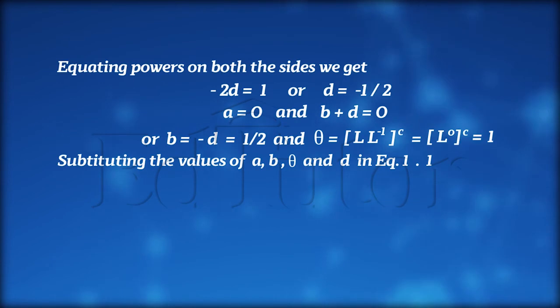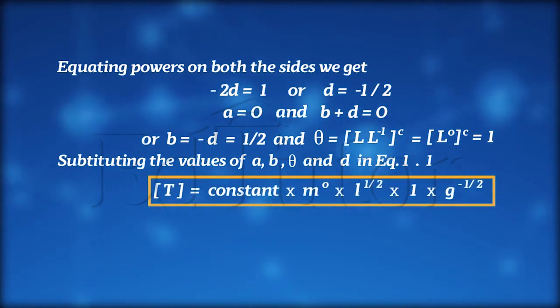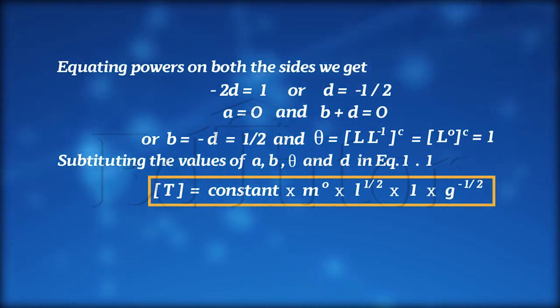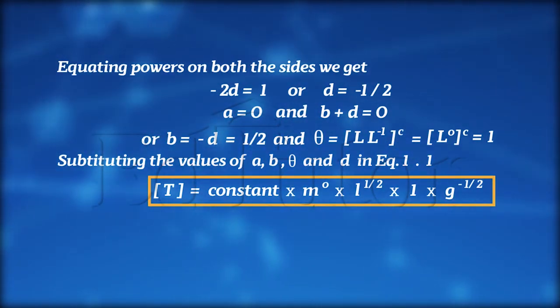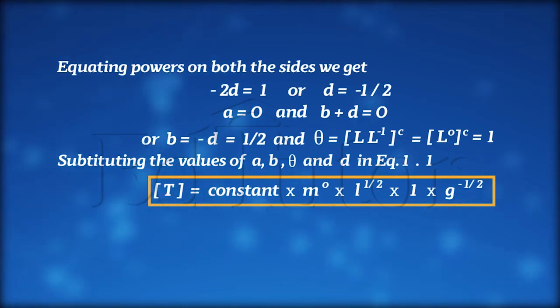Substituting all these values back into the first equation of time period, we get T equal to constant multiplied by m raised to the power 0, multiplied by L raised to the power 1 over 2, multiplied by 1, multiplied by g raised to power minus 1 by 2.